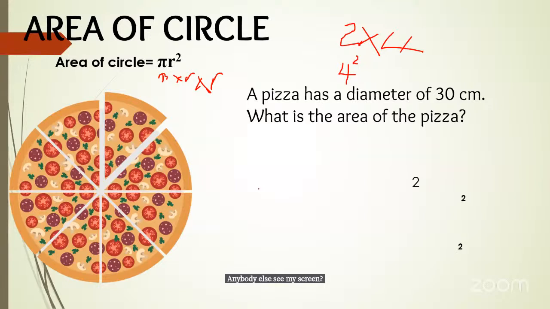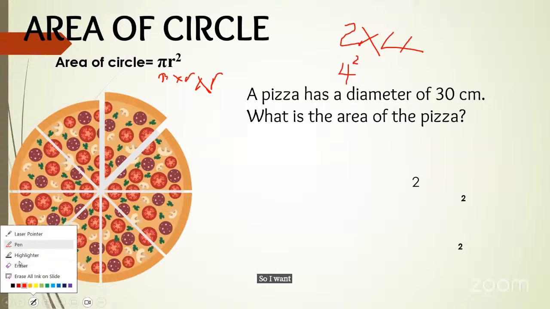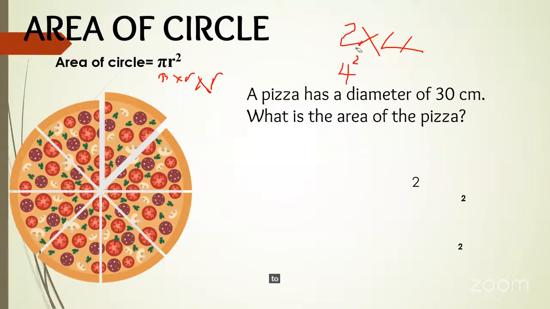You see the question? Yes, Miss. Let me read it. A pizza has a diameter of 30 centimeters. What is the area of the pizza? So I want one person to tell me what they have on the piece of paper, what they have in front of them working with.